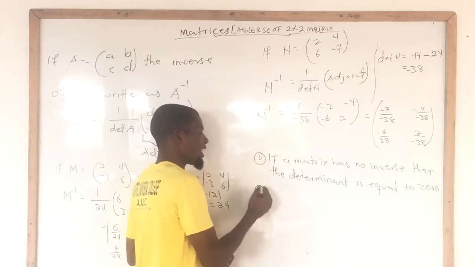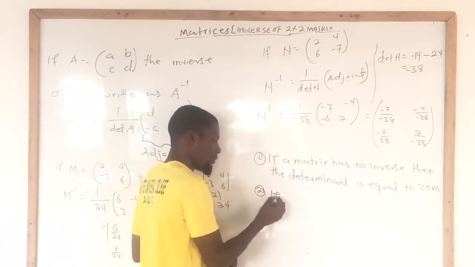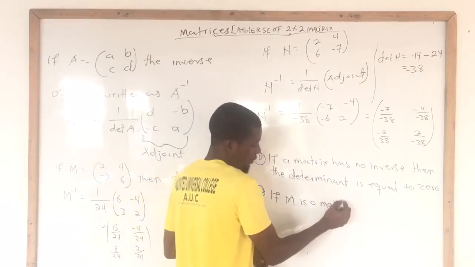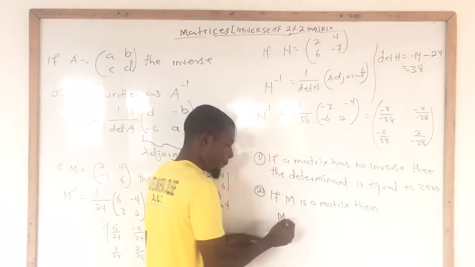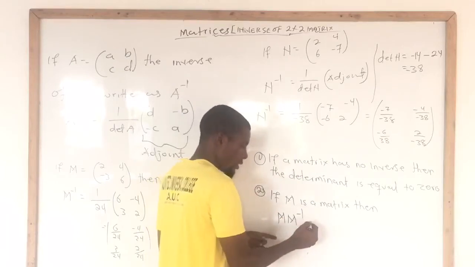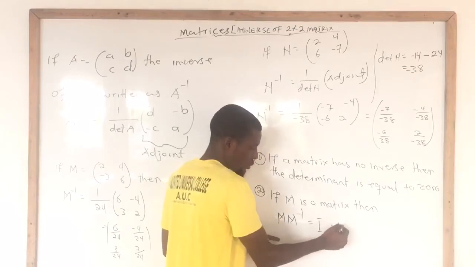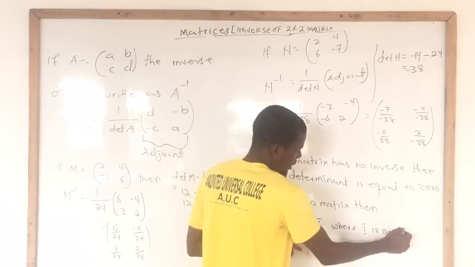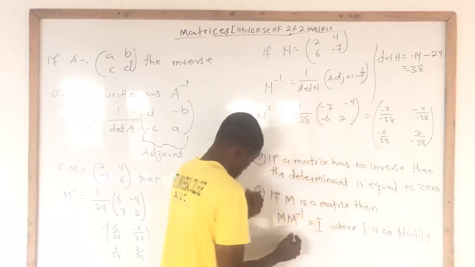And also note that whenever a matrix, if M is a matrix, then if M is multiplied by its inverse, this gives you an identity matrix, right? Where I is an identity matrix.